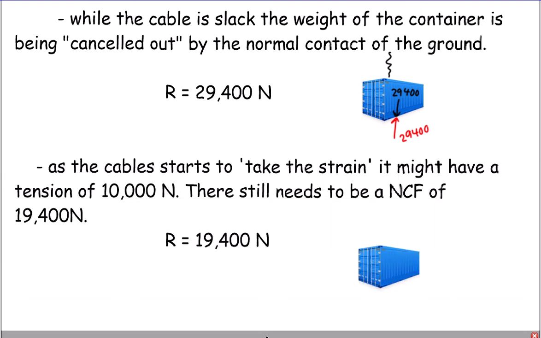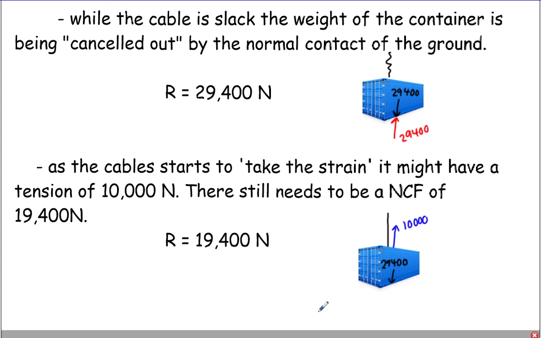Okay, then what happens then, the crane starts to sort of tighten up the cable. They call it taking a strain. And we'll look at what happens when the cable is tight, but it's not tight enough to start lifting the container. So we've still got 29,400 newtons acting downwards. We've got the cable doing 10,000 newtons of lifting.